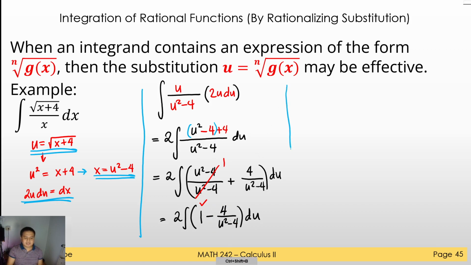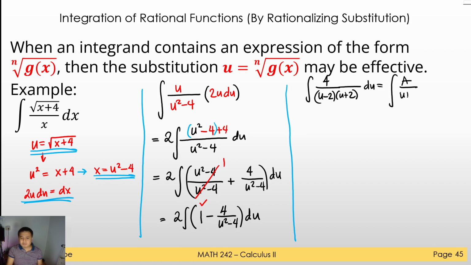So integrating this will be easier. Factoring this, you have u minus 2 and u plus 2, which is equal to a over u plus 2, and then b over u minus 2, du.